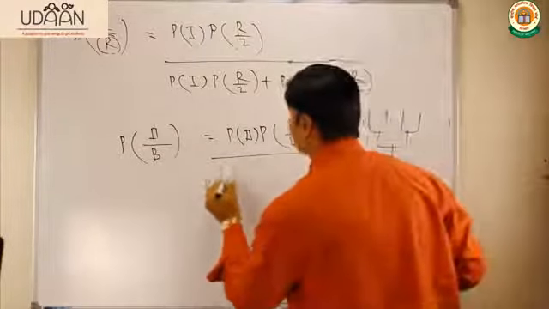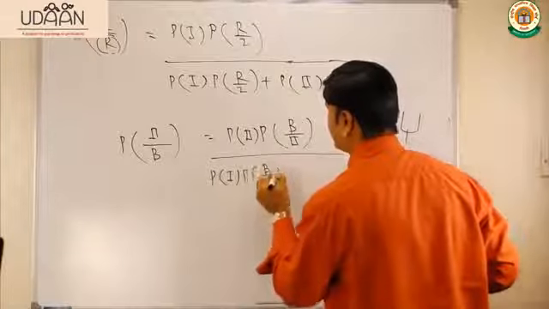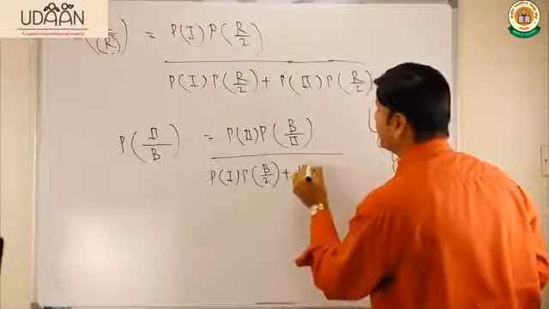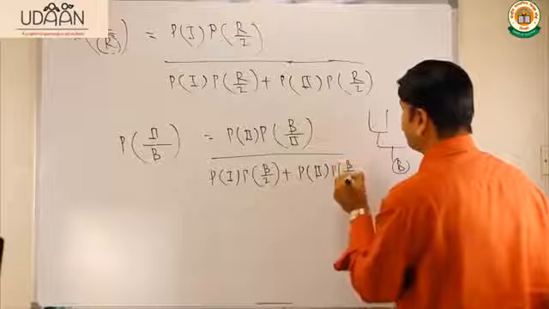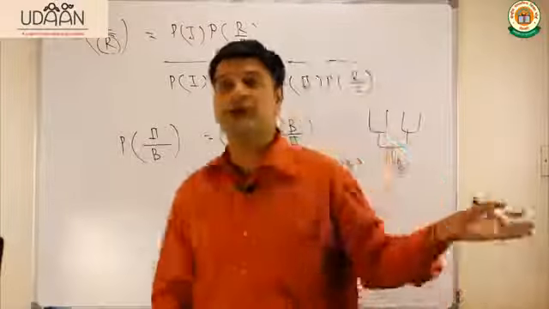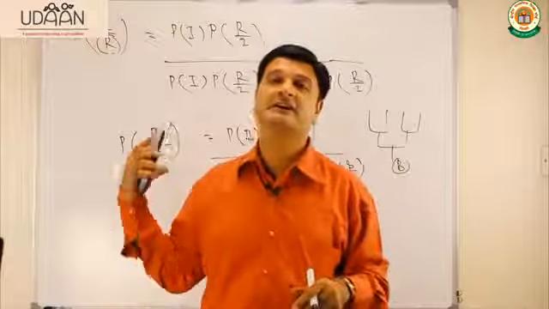Might be we have selected bag number 1 and we got the black ball when bag number 1 is selected, or might be we have selected bag number 2 and we got the black ball when bag number 2 is selected. And in this way, you know how to find these values. You have to just substitute these values and you will get the answer.